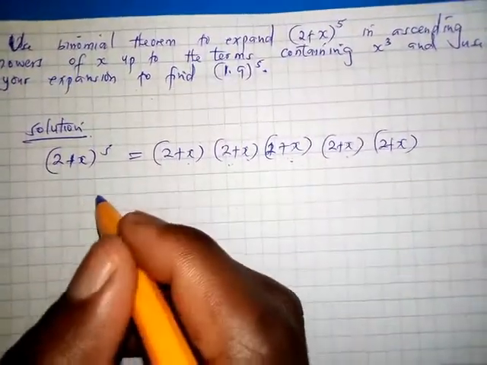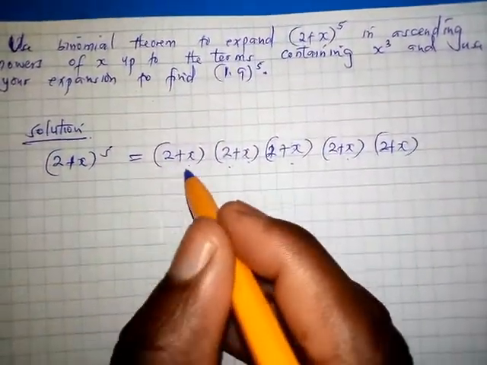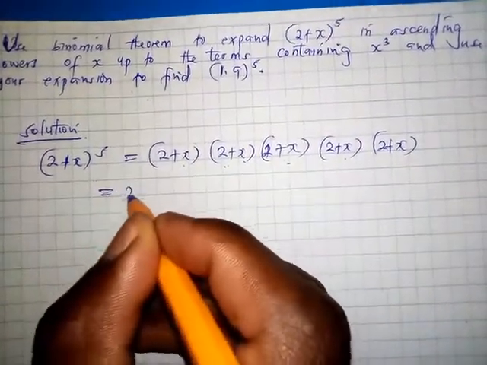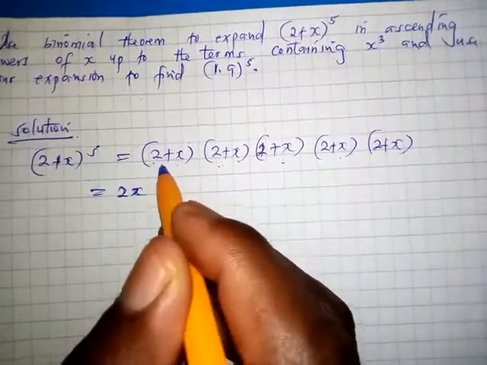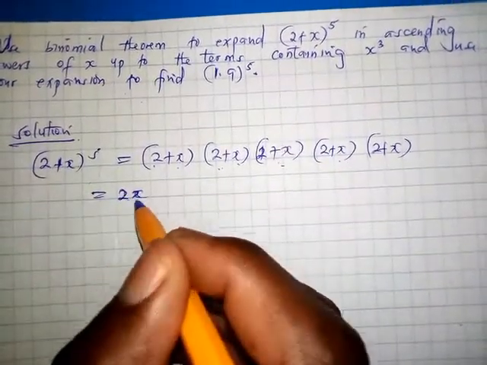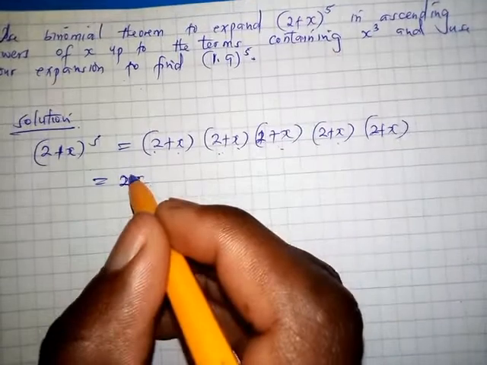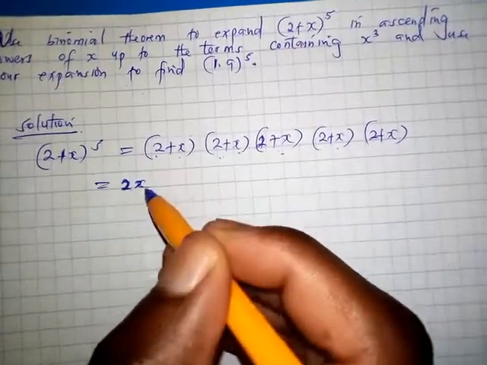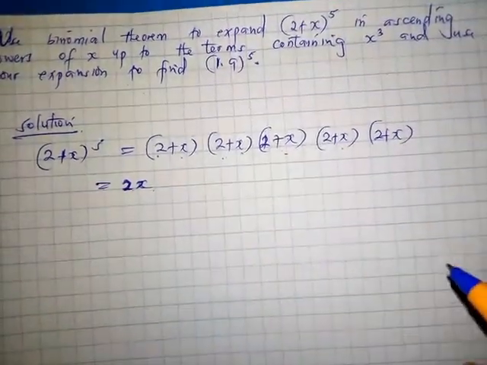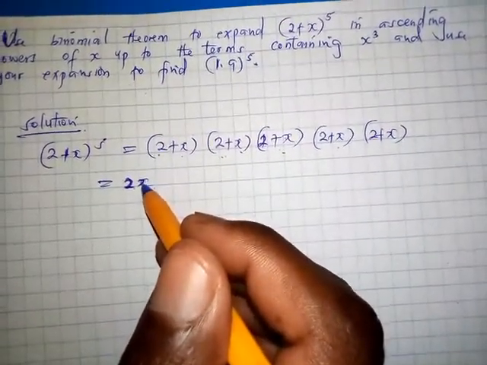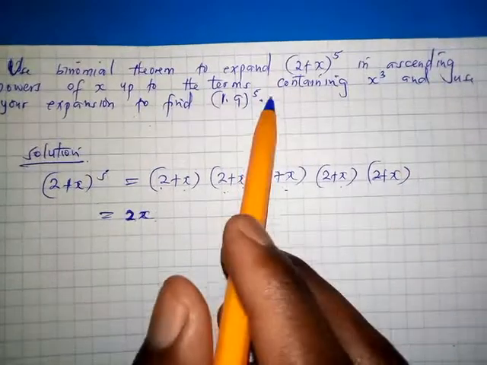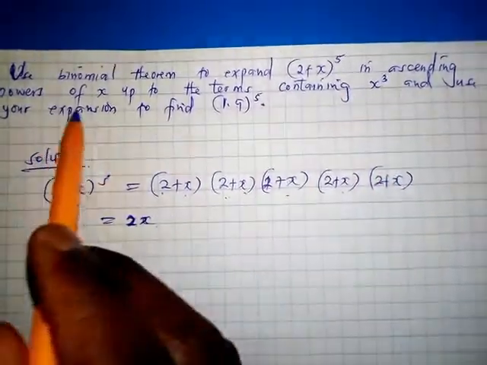So this will be 2 and x. The powers of 2 will be descending, or decreasing, but the powers of x will be increasing, or ascending, as per the question, in ascending powers of x.